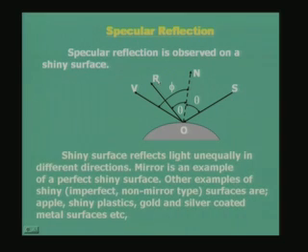So, we will stop with these words: the shiny surface reflects light unequally in different directions, and a mirror is an example of a perfect shiny surface.